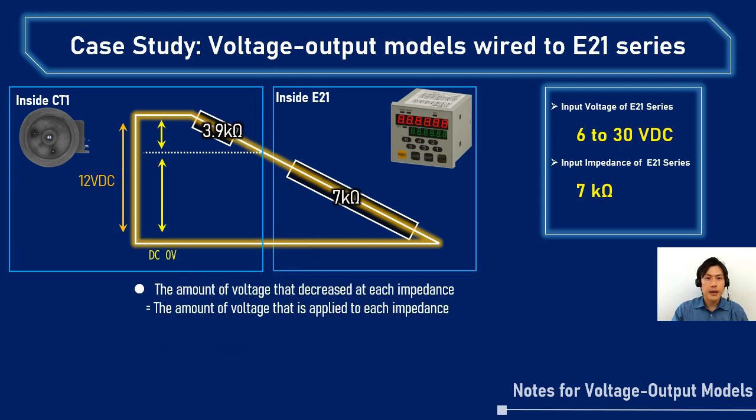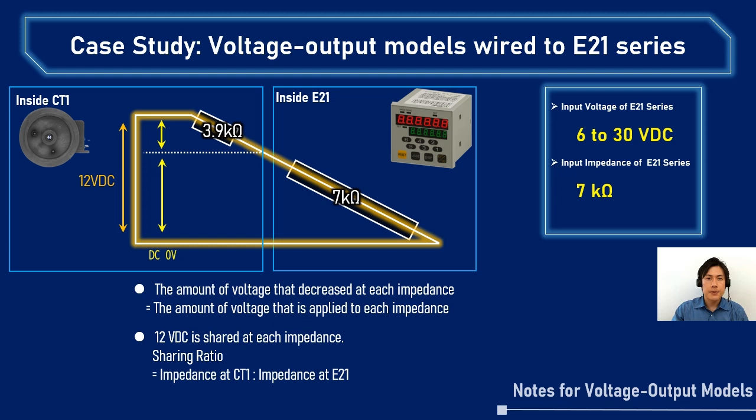In fact, 12 volts is shared between the 3.9 kilo ohms and 7 kilo ohms. And the sharing ratio is impedance at CT1 to impedance at E21. In this picture, 12 volts is shared at the ratio of 3.9 to 7. If you grasp this ratio, we just play mathematics.